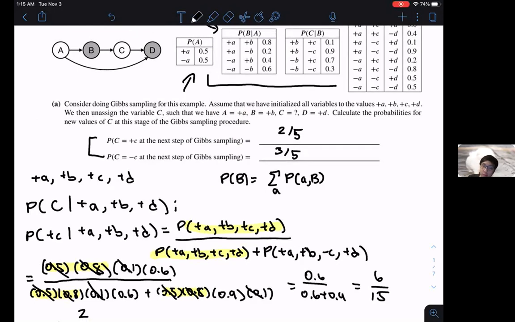Therefore, we can write the probability of C equals plus c given the rest in terms of only probabilities that contain C. For example, if we had just ignored the probability of A and the probability of B given A, we could have gotten the same answer more directly. Here I just wrote it out to illustrate what happens when you eventually cancel out the terms.